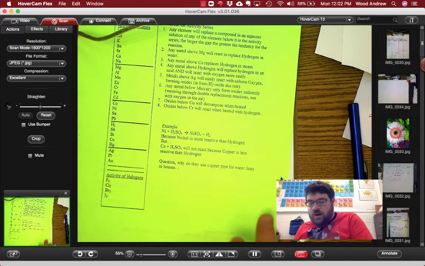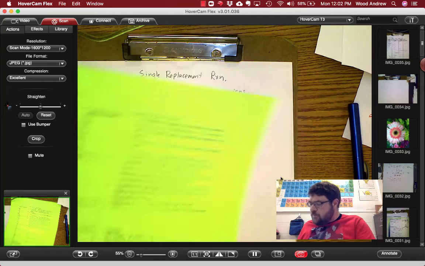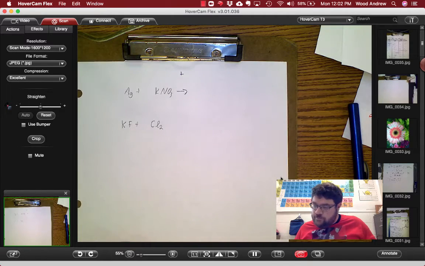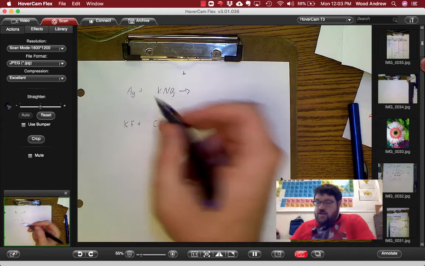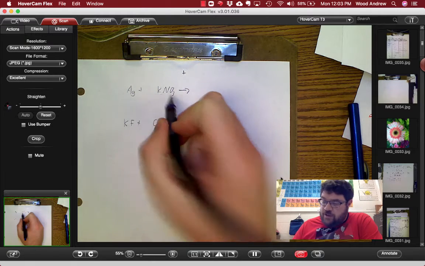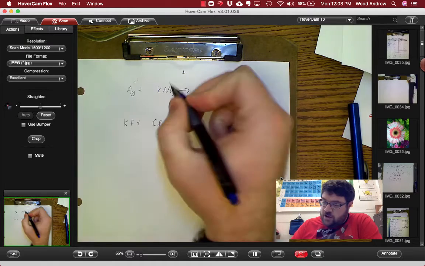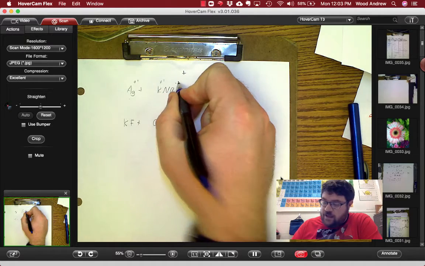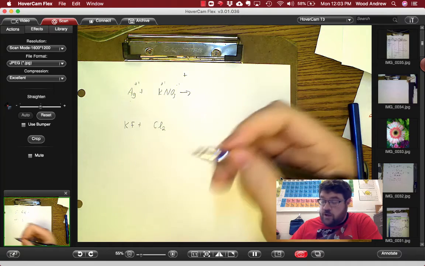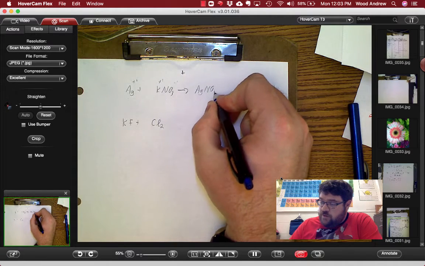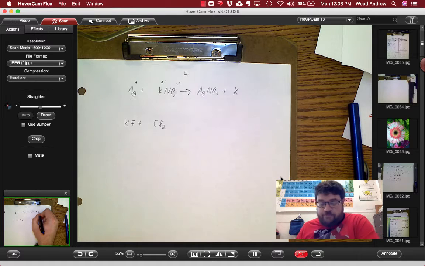So what does this mean? Well, let's take a look at a couple of example problems. So here is silver plus potassium nitrate. If we were progressing normally, silver is a positive 1 charge, potassium is a positive 1, and nitrate is a negative 1, it should form a new substance: silver nitrate and potassium.